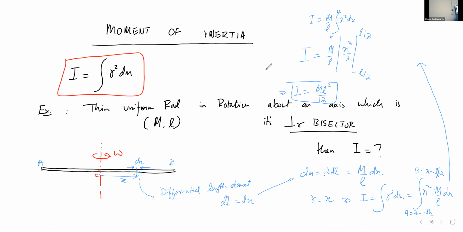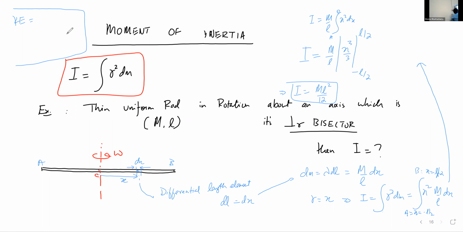Just remember the analogy this way, as of now, how we have understood the analogy: if we are putting a body of mass m into translation with a speed v, how much energy we have to give? Half mv square. But similarly, if we are taking a body like this and setting it into rotation about a fixed axis, how much energy we have to give? Half I omega square.